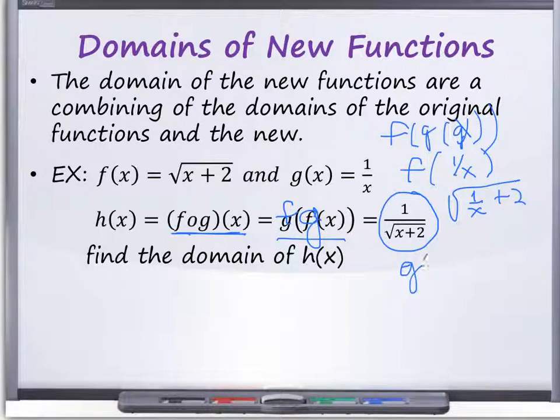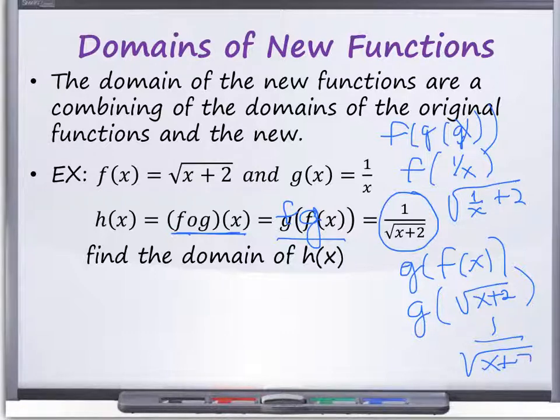Whereas g of f of x is g of the square root of x plus 2, which is 1 over the square root of x plus 2, because that's where the x is. You can see these are two very different functions.